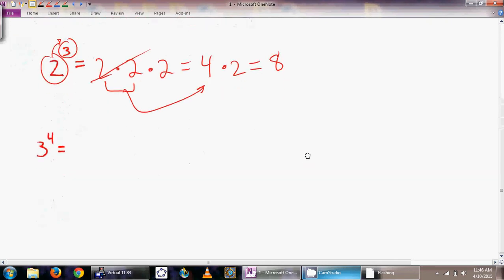And then coming down here, our base is 3, and it's getting multiplied by itself 4 times. So it's 3 times 3 times 3 times 3. I'm going to do this a little bit more creatively. This is 9. This is 9. So this problem is really 9 times 9, which is 81. 3 to the 4th power is the same as 81.